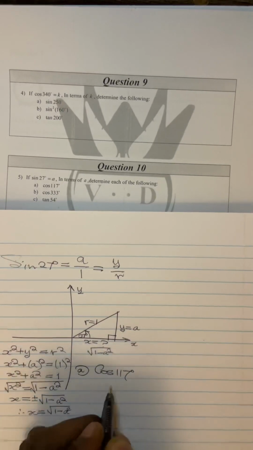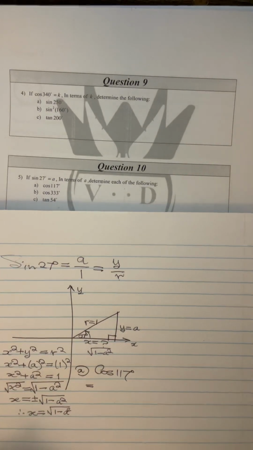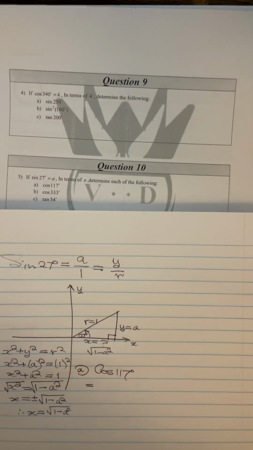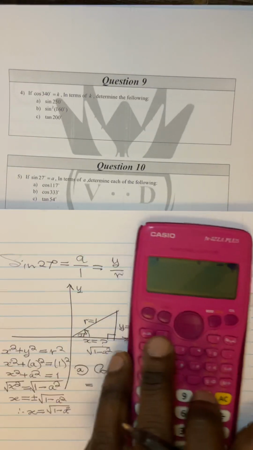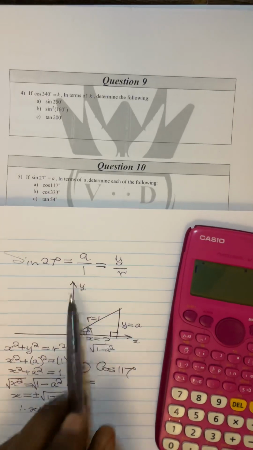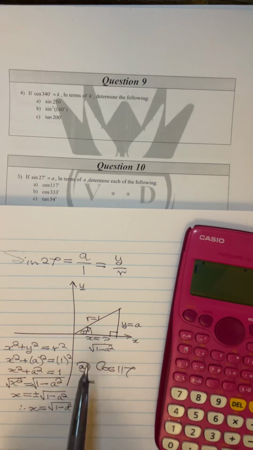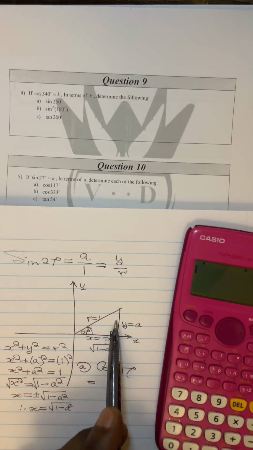Cos of 117 will be equal to, in this case, make use of your angles of your Cartesian plane to reduce it to 27, or sometimes even the angle which we haven't calculated here.